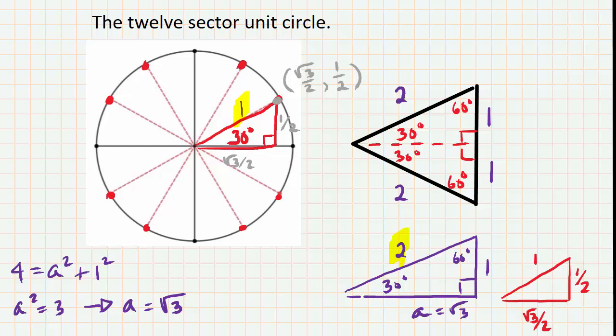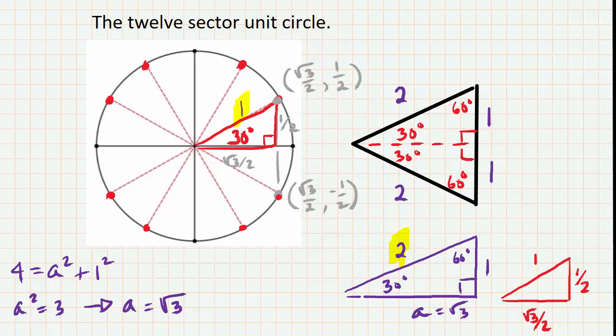And now we're golden. Now we can use symmetry to find the coordinates of the other 7 points that I have highlighted here. So this point down here has the same x-coordinate as the point above it. And the y-coordinate has the same length as the y-coordinate above it, but we're going down into quadrant 4, so we have to put a negative in front of it.